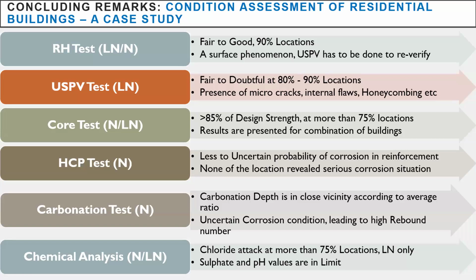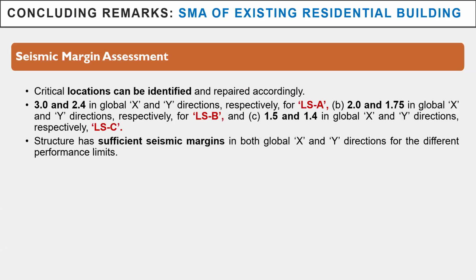Because on external members, we have seen some localized corrosion, cracking, and localized spalling. So this may be due to the chloride attack, and sulfate content and pH values are well within the limits at 100% of the locations.